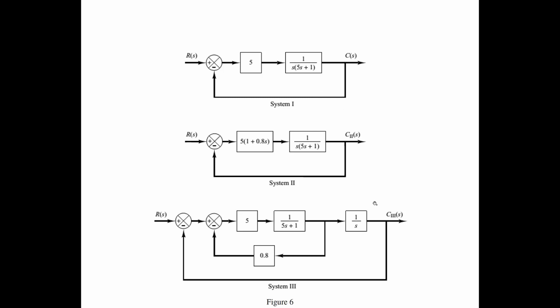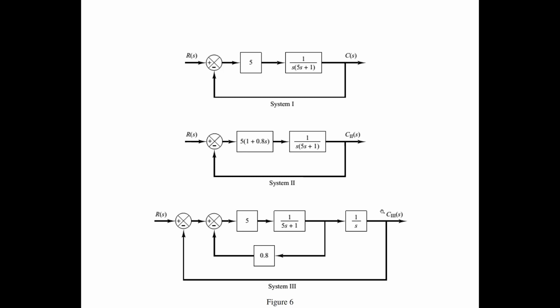All these systems have to be related to this prototype second order transfer function. Find zeta and omega n for all these systems. What you can find is the maximum overshoot, settling time and peak time.